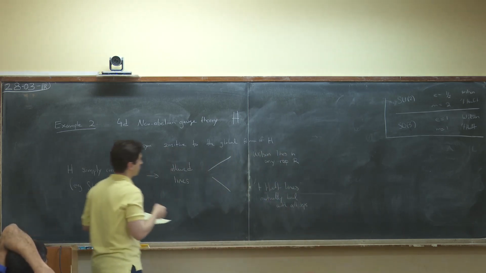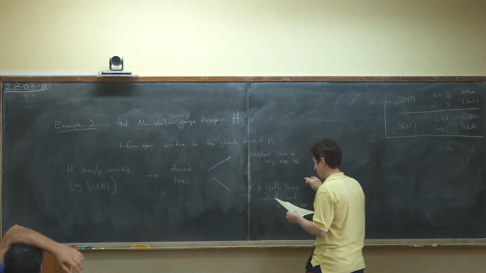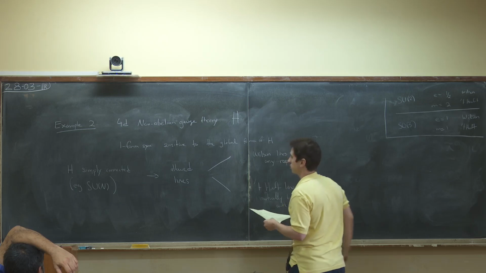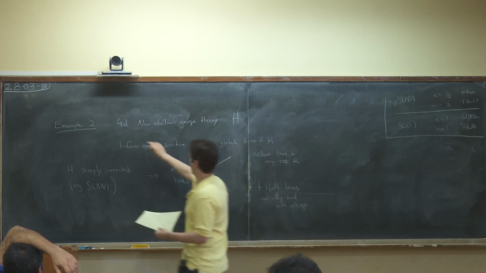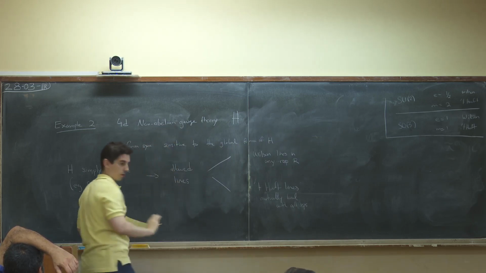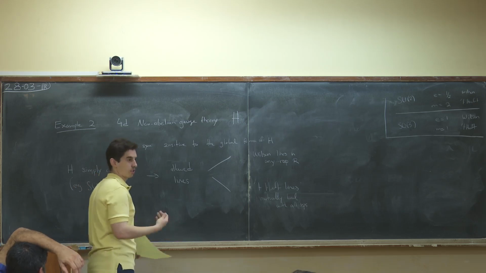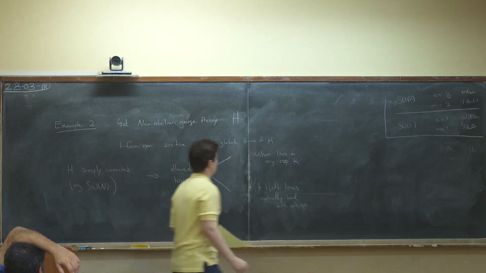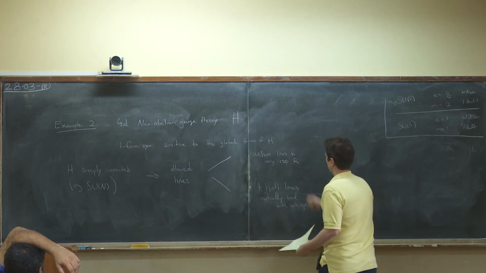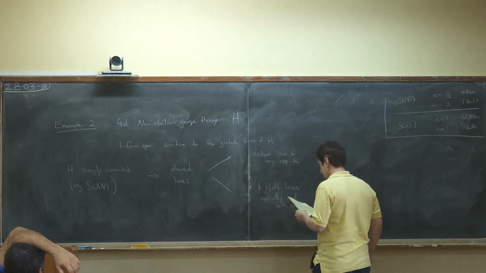So here we have Wilson lines in any representation R. But I should say, here I only have a dynamical non-abelian gauge field, no other fields. So those dynamical fields only carry adjoint charges. And so many representations can't be screened.